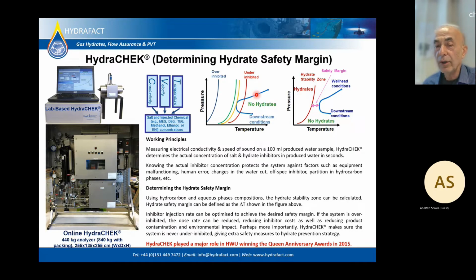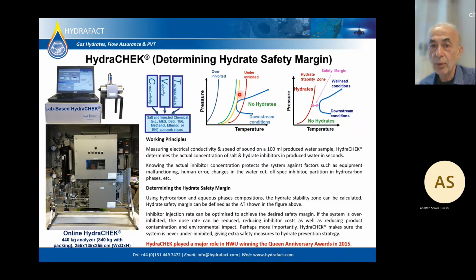Moving the pipeline condition to the right means that you need to provide heat, and that is normally very expensive. So the other option is to shift the hydrate phase boundary to the left. For that, we need to inject inhibitor.